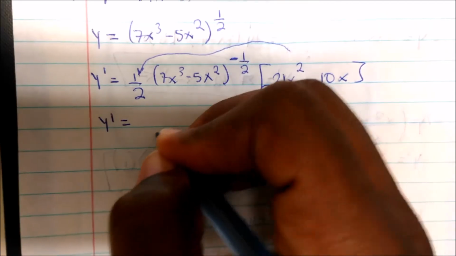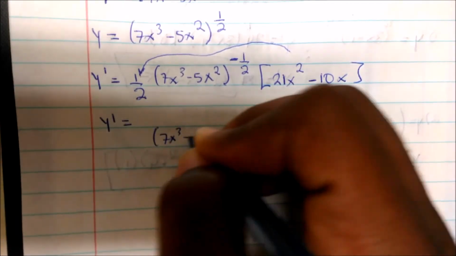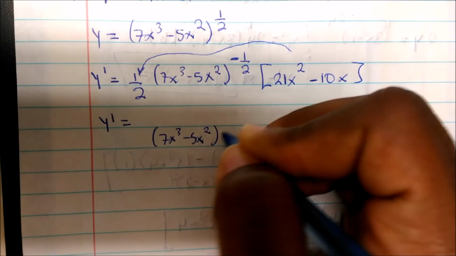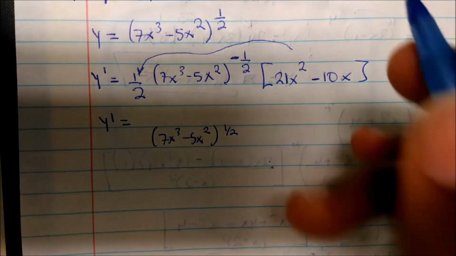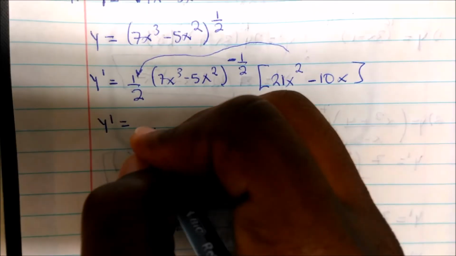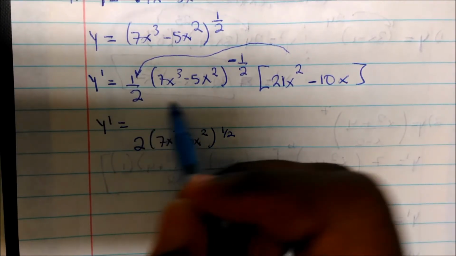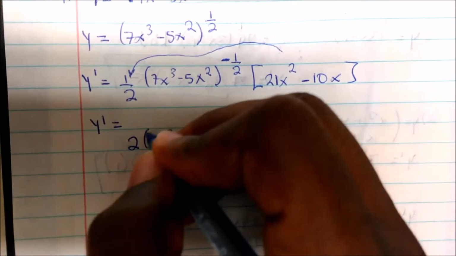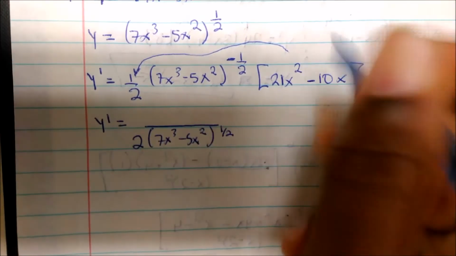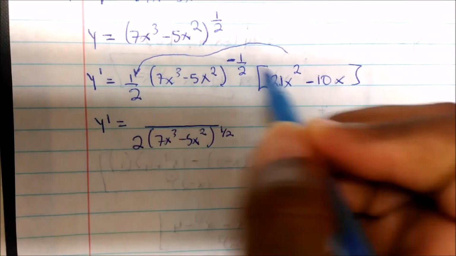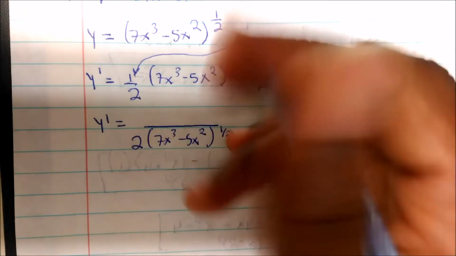So this is 7x cubed minus 5x squared to the positive 1/2. There's going to be a 2 in the denominator because this 2 is being multiplied in the denominator. And this I could just put in the numerator since it's being multiplied by this 1 in the numerator right here.